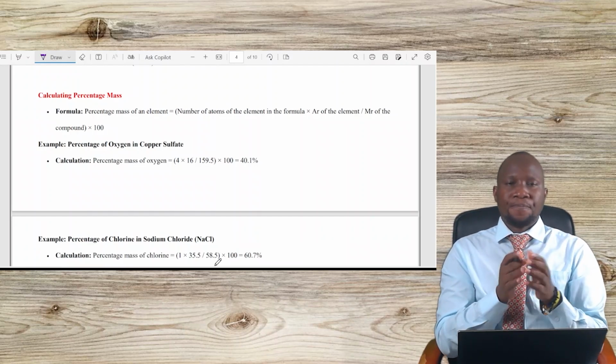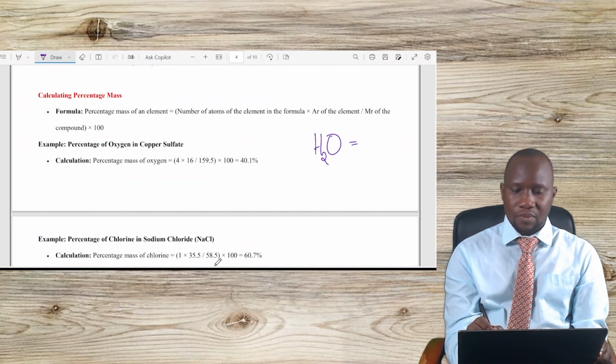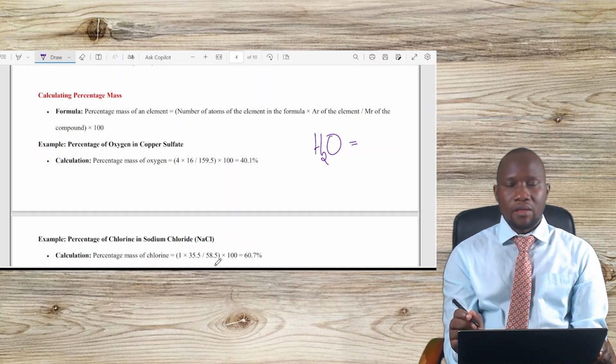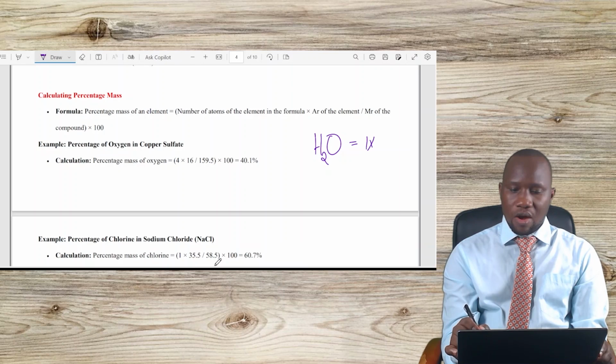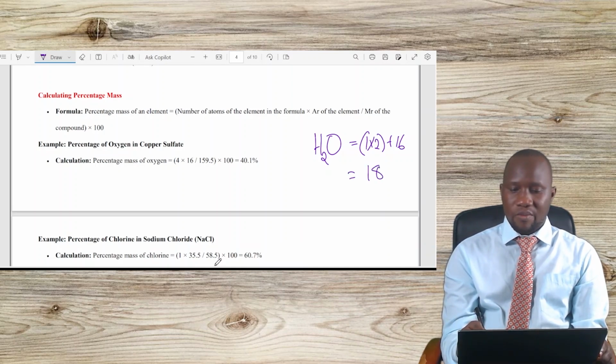Let me repeat that. Let us say you have water here, right? If you calculate the relative molecular mass for water, you have hydrogen, which is 1 times 2 plus oxygen, which is 16, you basically get 18, right?